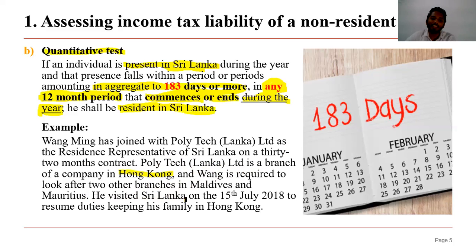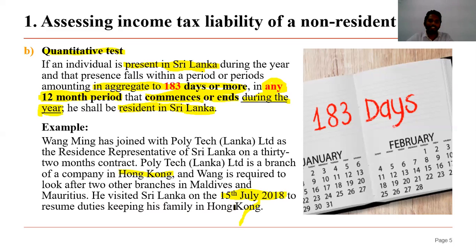He visited Sri Lanka, keep in mind, on 15 July 2018, and resumed duties keeping his family in Hong Kong. His family is in Hong Kong. So you have a hint there: the family is there, meaning he anyway resides there.